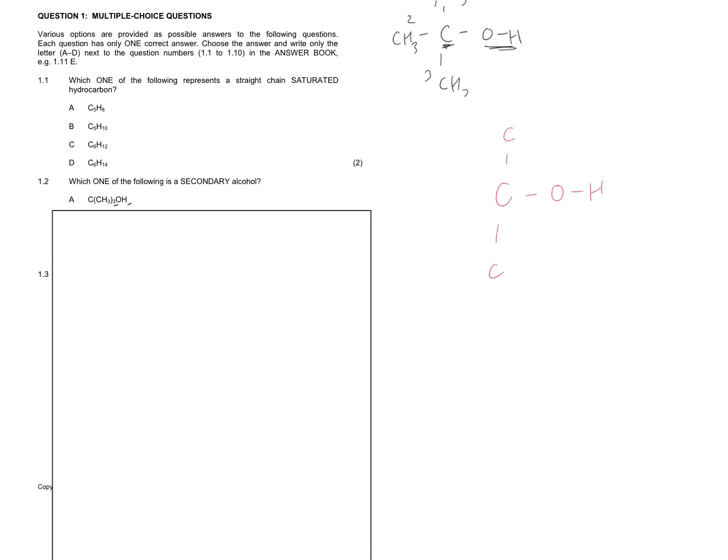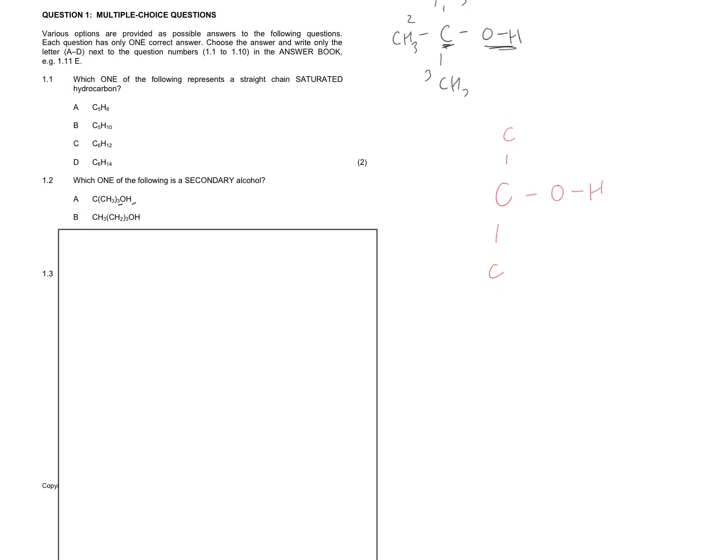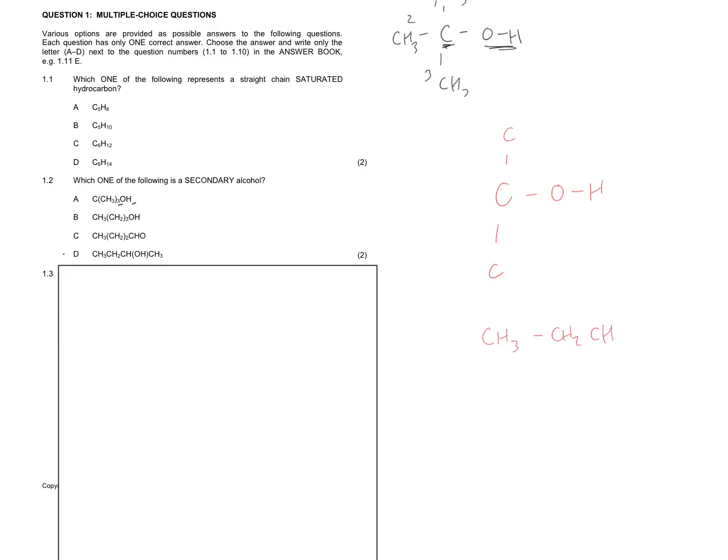So let's check the next one. I'll just put them all there. The next one is CH3, then CH2, CH2, CH2. This is sometimes quite tricky, but this carbon has nothing else on it.